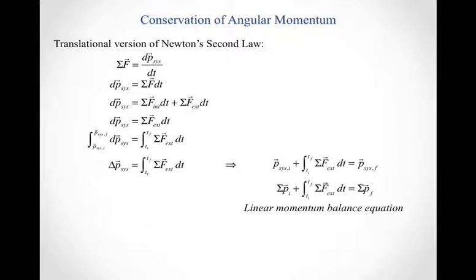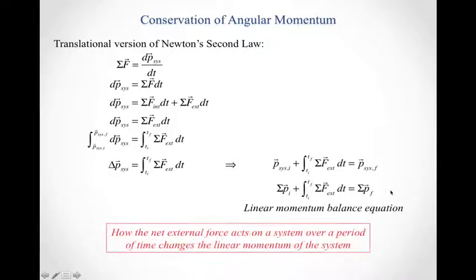So we can think of it as a linear momentum balance equation, because what it tells us is that the total initial linear momentum of your system plus this integral of the net external force acting on your system with respect to time is equal to the final linear momentum of your system. What this equation fundamentally tells us is how the net external force acting on the system over some period of time changes the linear momentum of your system.